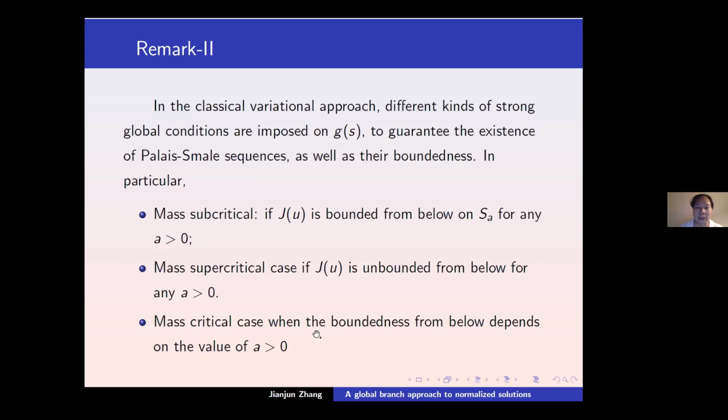For the mass critical case, the boundedness from below depends on the value of A. So for the first case, people can find global minimizers of G of U over the sphere S of A. But for the mass supercritical case, it is impossible to find a minimizer of G of U over the sphere S of A. So the subcritical and supercritical cases are completely different.